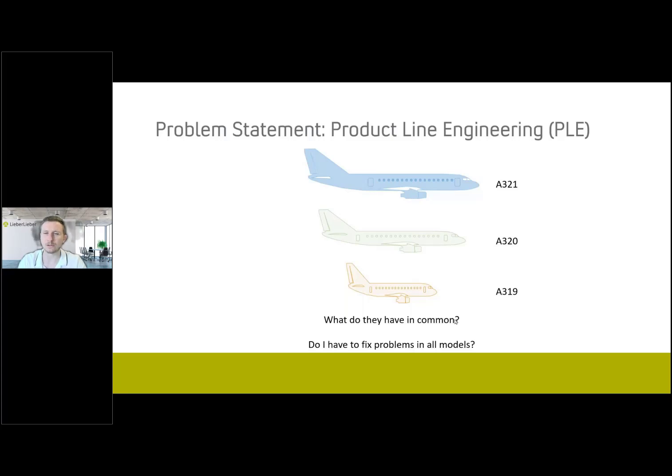And also what is interesting here, so if they have something in common, if I fix a problem or if I install an update or whatever you change on the system, you might want to do this on all variants or all models if it's in the common core, of course.